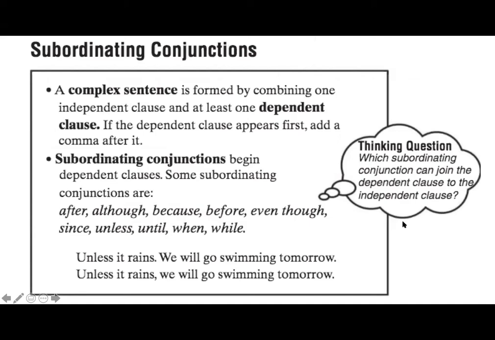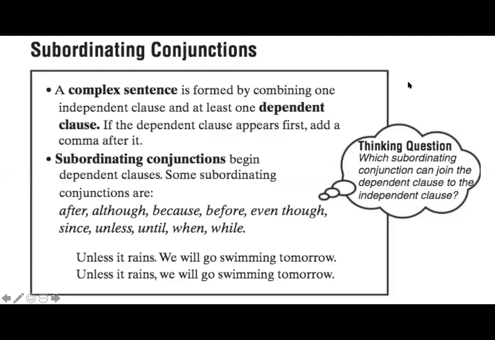Subordinating conjunctions begin dependent clauses. Some subordinating conjunctions are after, although, because, before, even though, since, unless, until, when, while. Unless it rains, we'll go swimming tomorrow. Lovely. Thanks for reading, Lily.